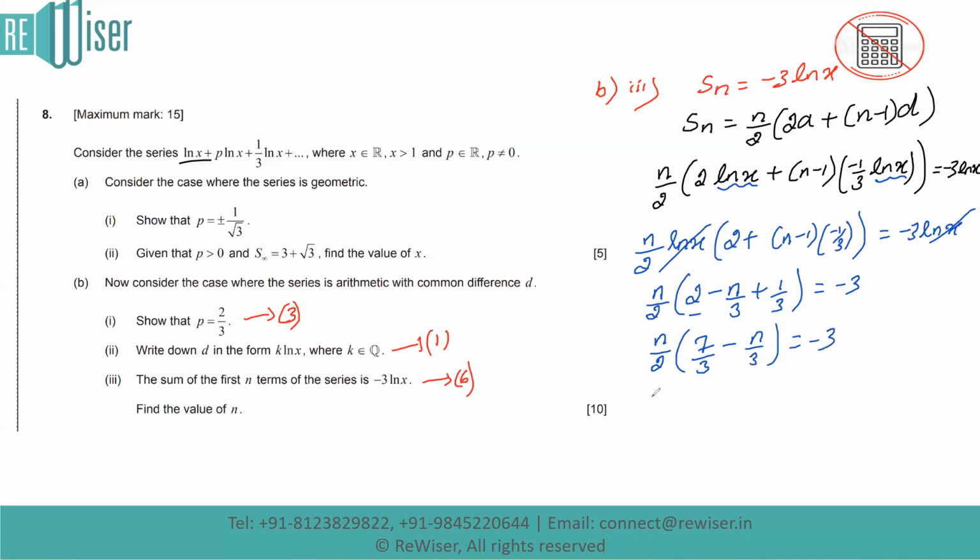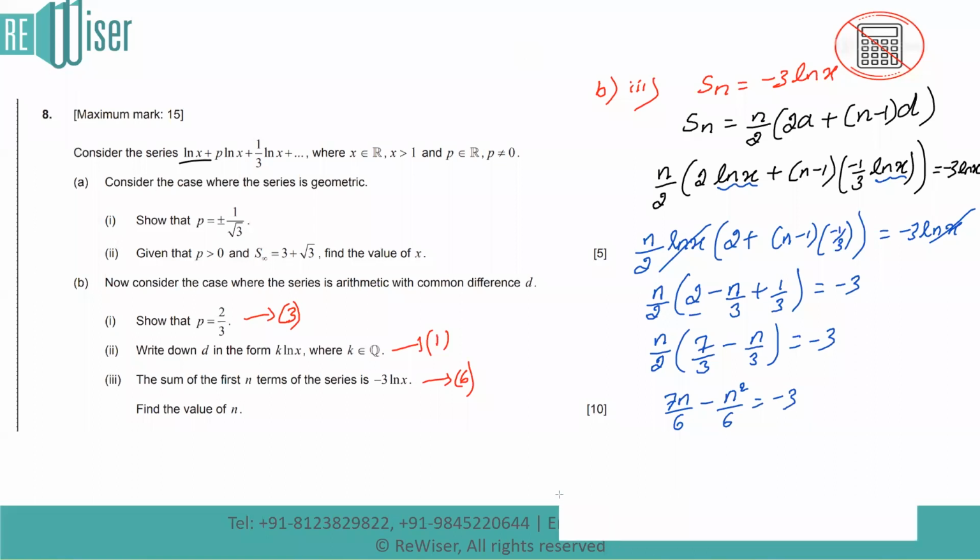So from here, if I simplify, it's going to be 7n over 6 minus n square over 6 is equal to minus 3. Because we have 6 and 6 which are the same, we can send it to the other side. So I'll be getting 7n minus n square is equal to minus 18.